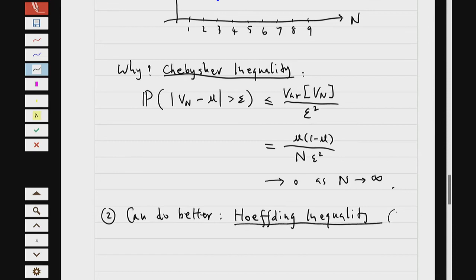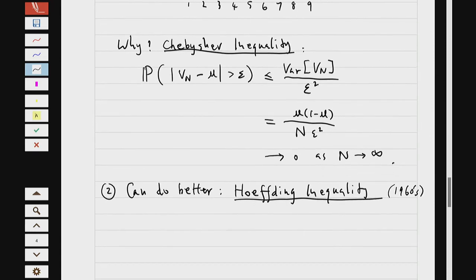And this is in the 1960s, many years after Chebyshev and Markov. Hoeffding, I just pronounce it in the Canadian-French way, but it's actually Finnish.